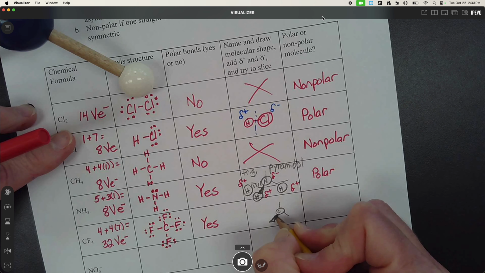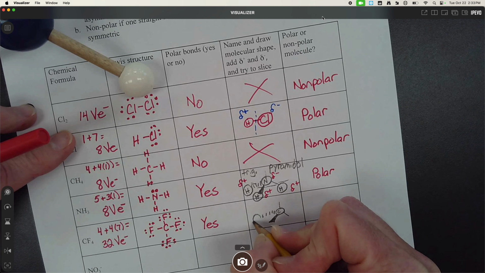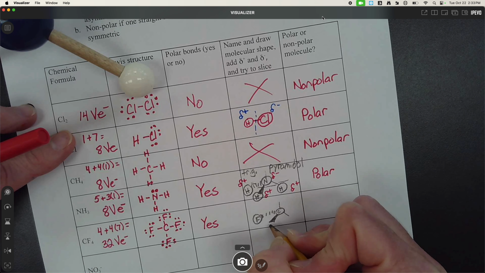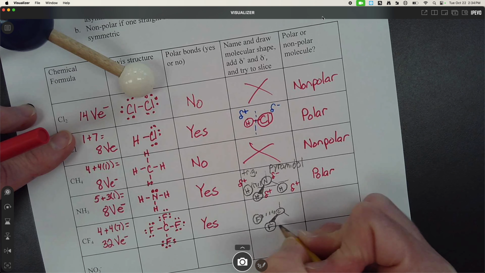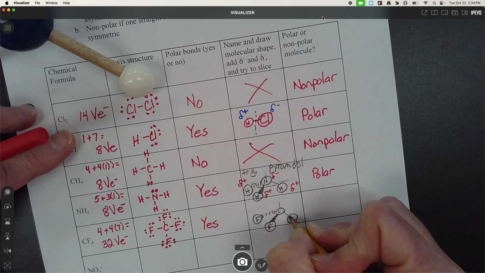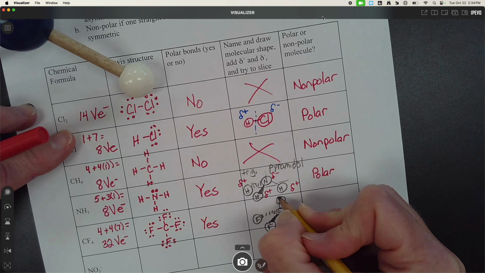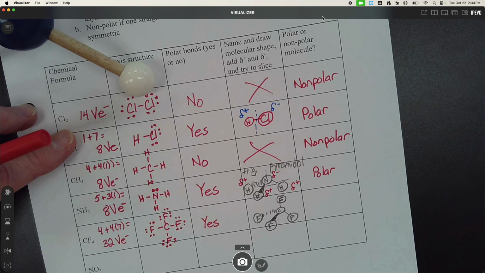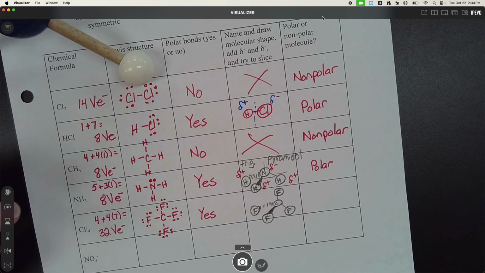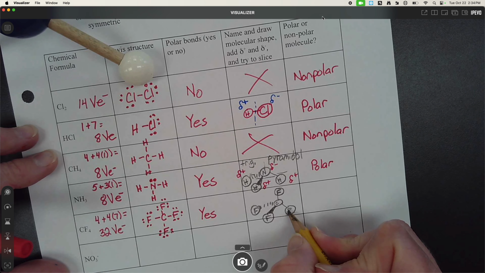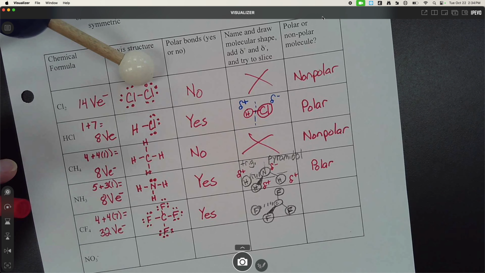So we draw our tetrahedron for our electron shape, put in the atoms where they belong, and this time I'm not going to erase any of those positions because all the positions have an atom at the end. So I don't have to erase anything.